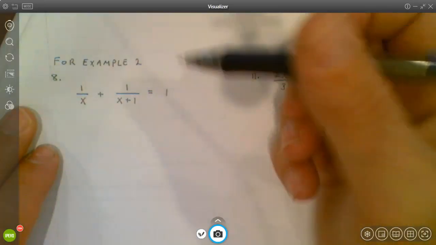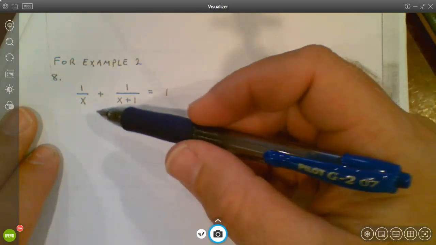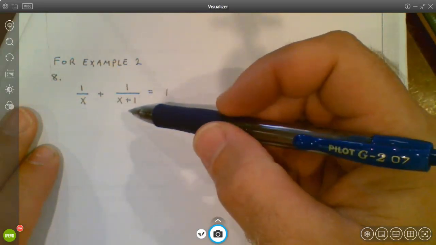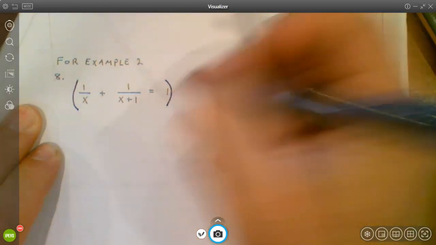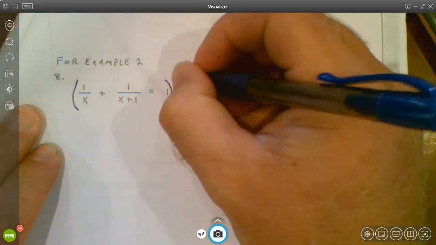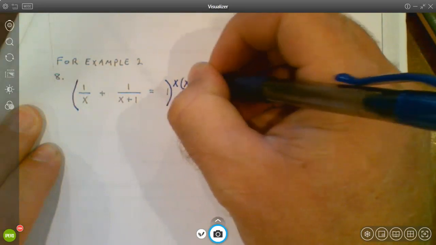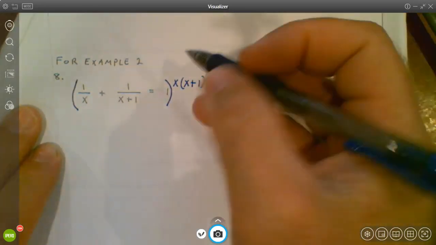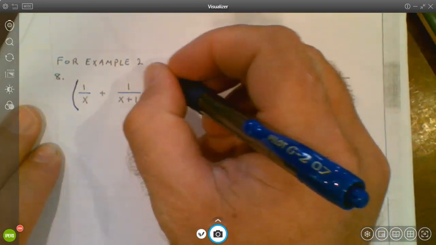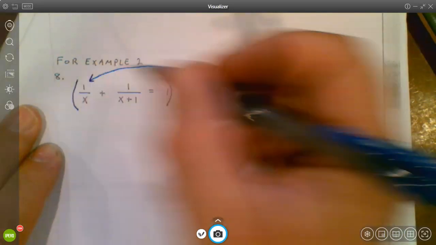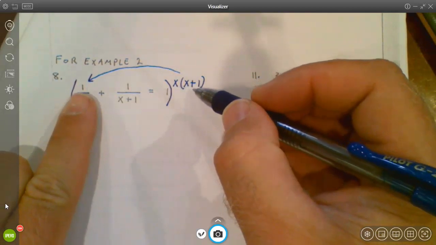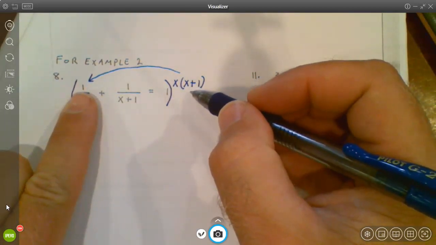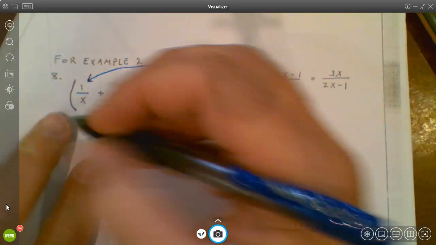As I look at number 8, my common denominator would be x plus 1. So we're going to take the x plus 1, and we're going to distribute that throughout the whole problem. So as I distribute it to my first term, you can see right here that my x's would cancel, and I would be left with the 1 times x plus 1.